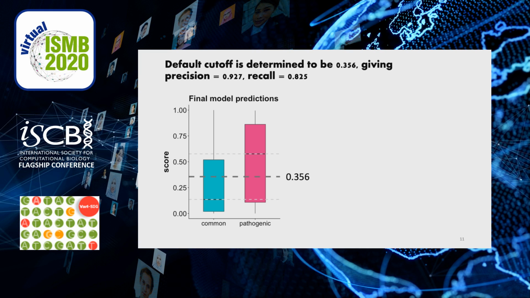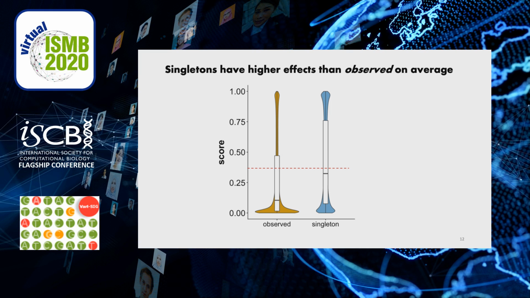Basically, we took the mean of the medians of commons and medians of the pathogenic, and using this cutoff, it gives pretty good precision and recall. We also evaluated singletons using the final model. We found that although most of the singletons are predicted below the cutoff, it is still slightly higher than the observed ones.